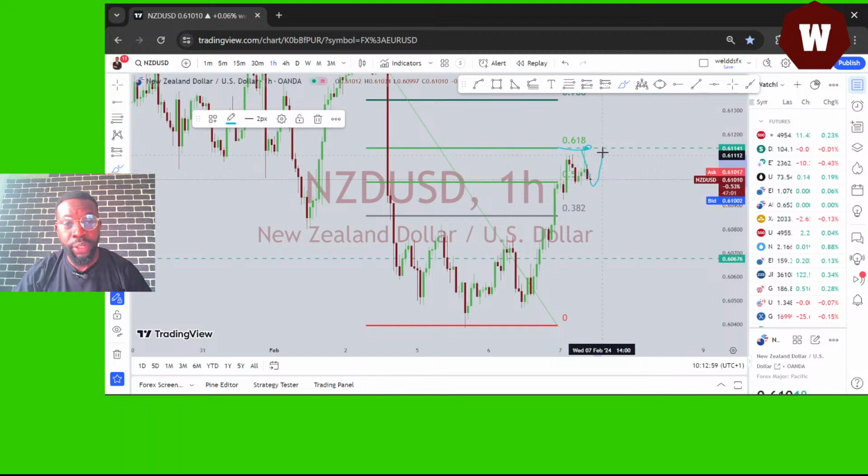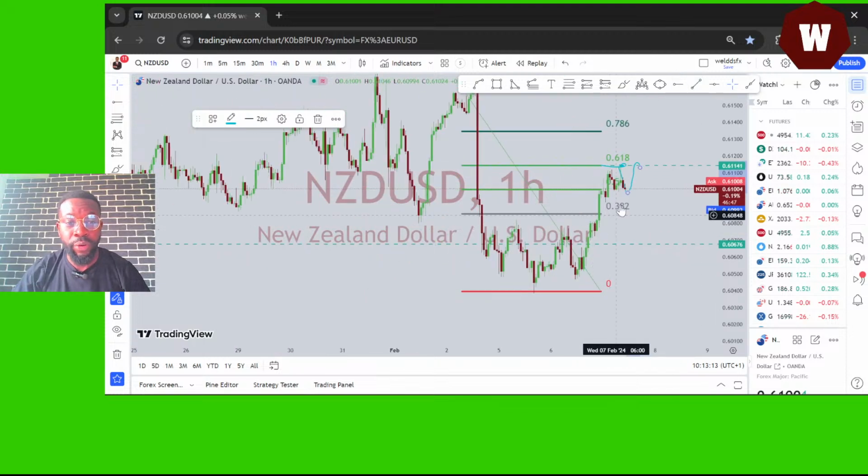I will still wait for it to come here again. So I will still place my pending order here. Already the market is selling. So it's either we'll miss the trade or we'll wait for it. I don't want to jump into this trade. It has already touched the 61.8 fib level, but I still expect I'll give it maybe one more room to come back here and touch this level.